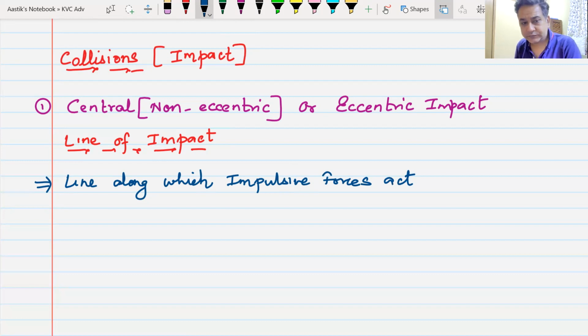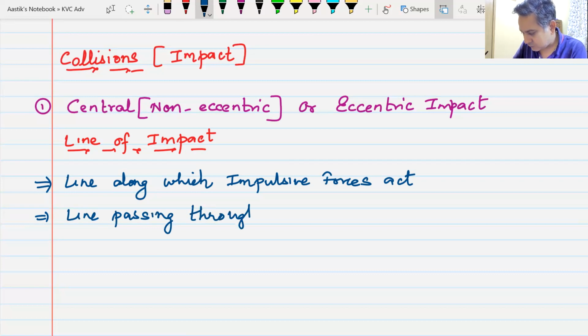This is normally a line passing through the common normal.